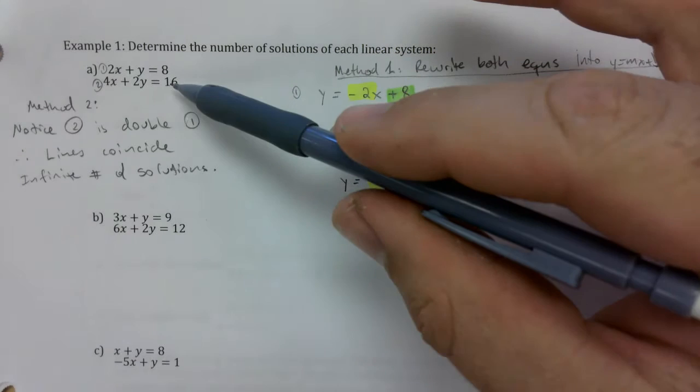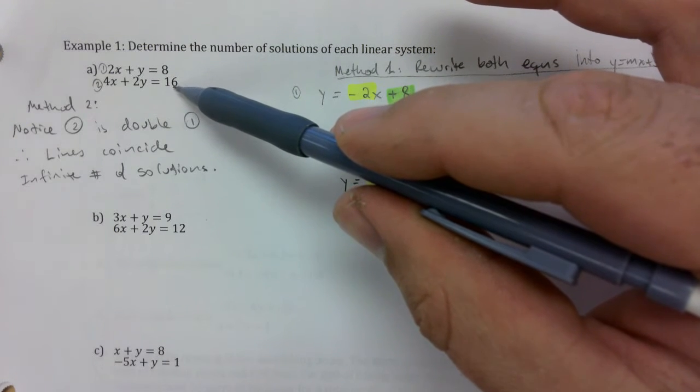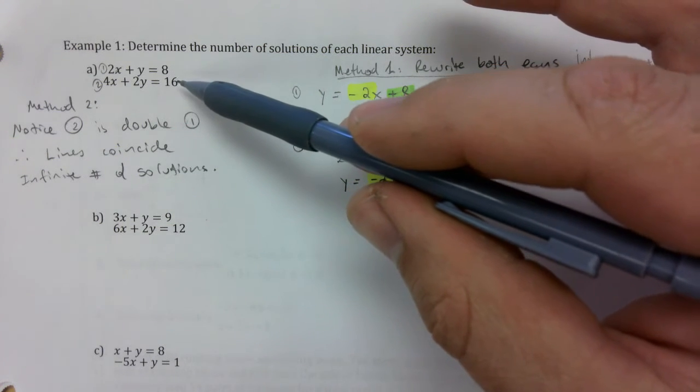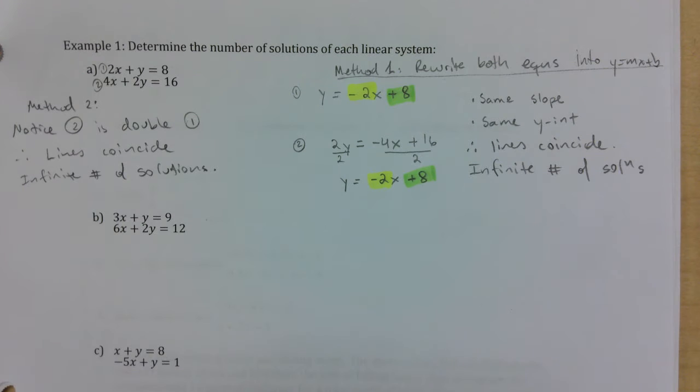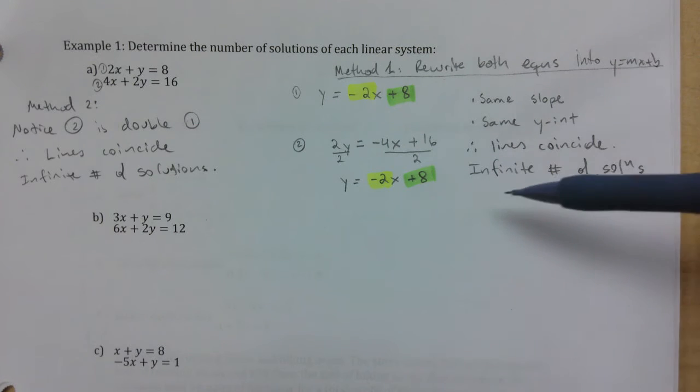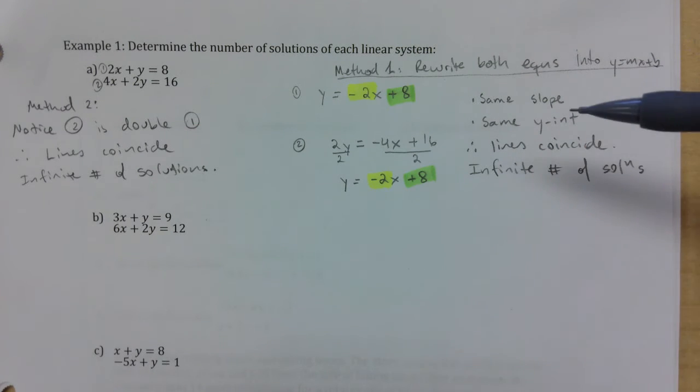Because if I had a negative 16 here, you multiply everything by 2, 8 times 2 is not negative 16, so right away it would change the scenario. So I would say this is the fail-proof method, right? If you do it right, you will be able to see right away whether or not that is the case.